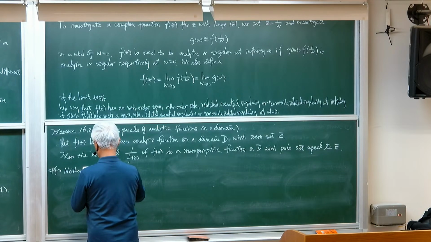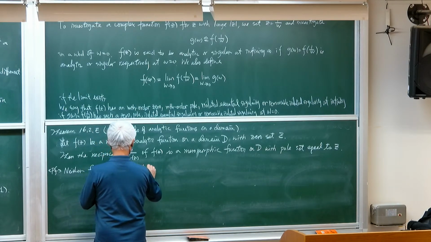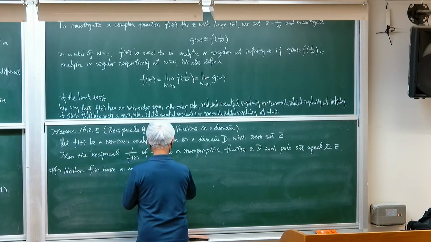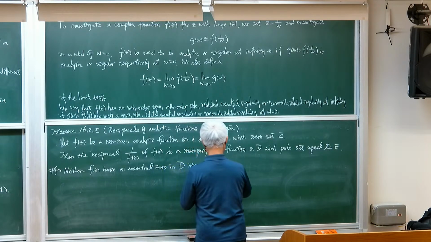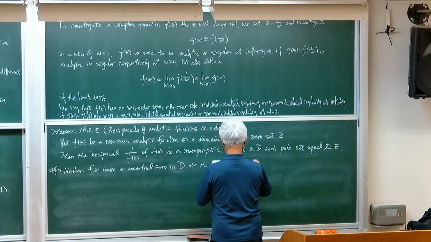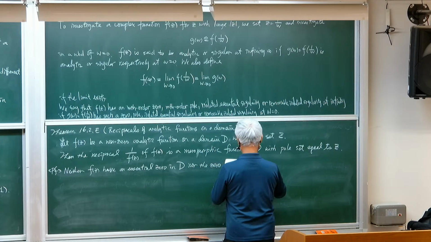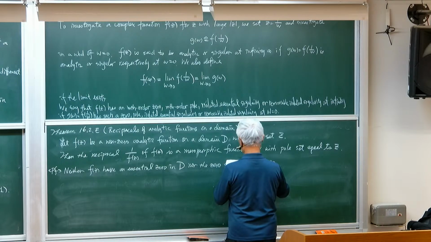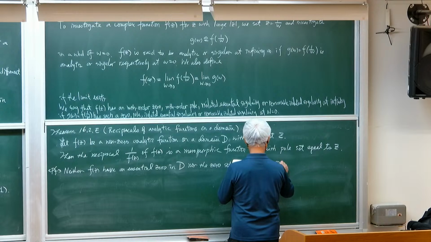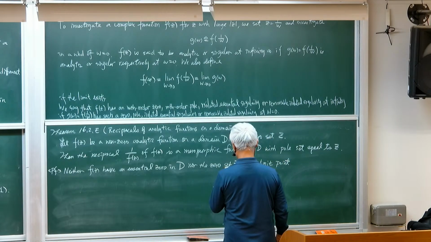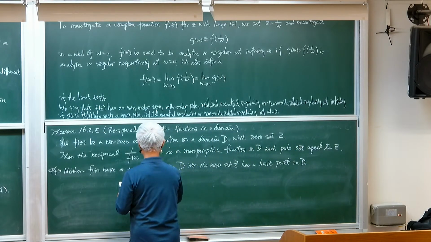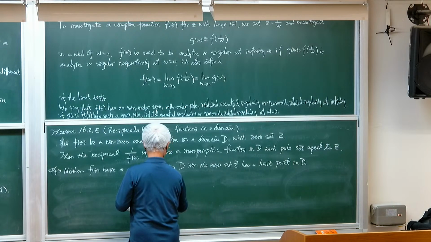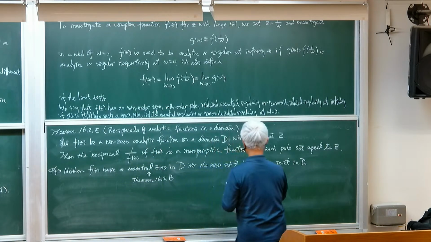Neither would f(z) have an essential zero in the domain D, nor does the zero set Z have a limit point in D. This is from theorem 16.2.b, and the zero set has no limit point.